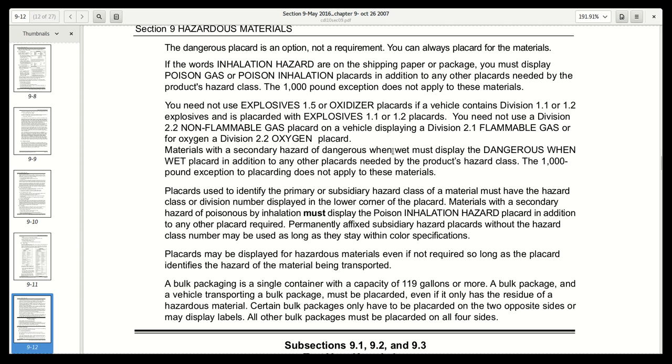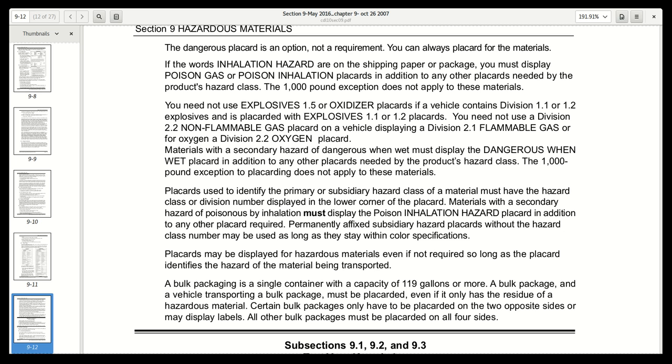You need not use a Division 2.2 non-flammable gas placard on a vehicle displaying a Division 2.1 flammable gas, or for oxygen, a Division 2.2 oxygen placard.